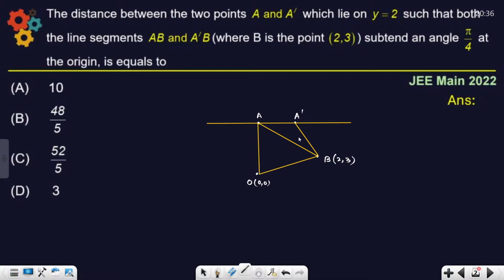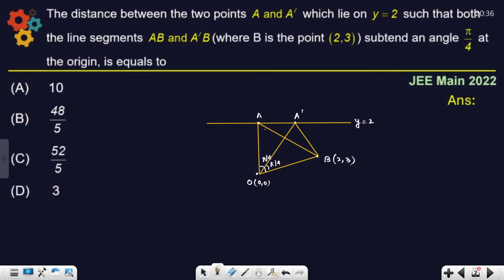Similarly, this angle is also pi by 4. Is it clear? So these two line segments AB and A dash B are subtending an angle pi by 4 at the origin. And the equation of this line is y equals 2.